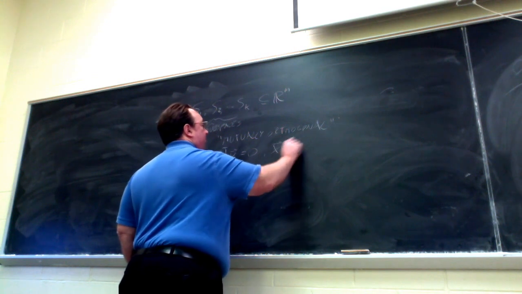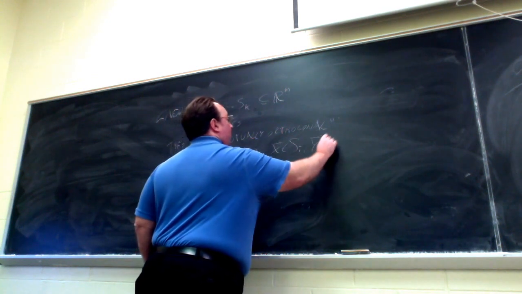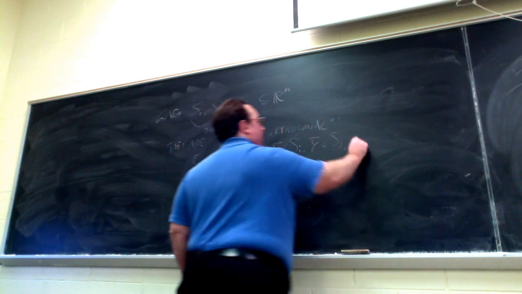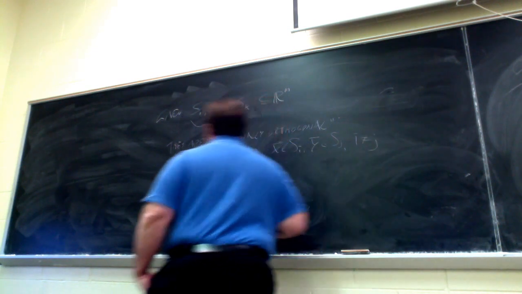So if x belongs to Si, y belongs to Sj, i not equal to j.